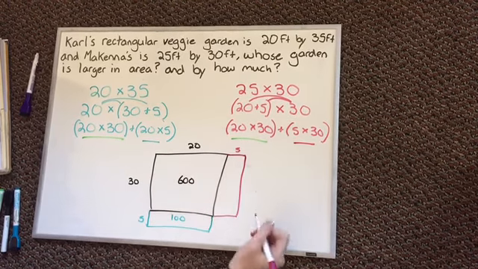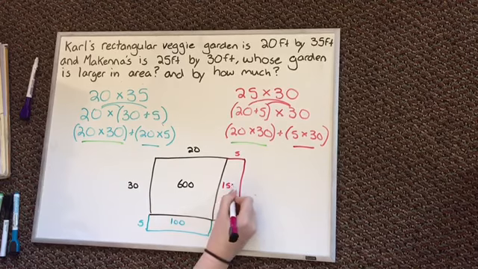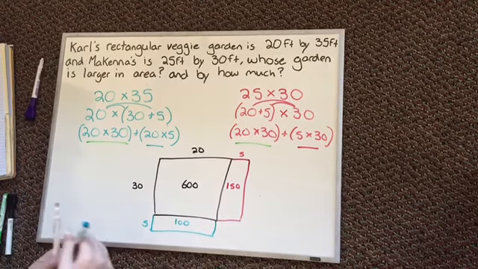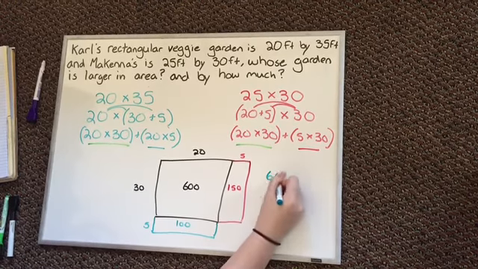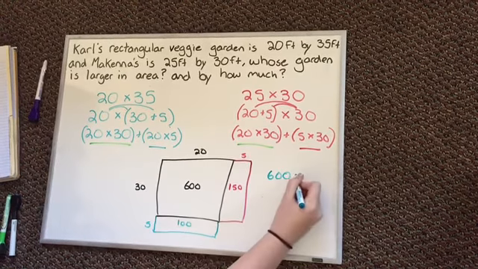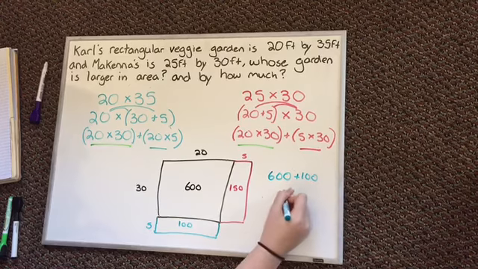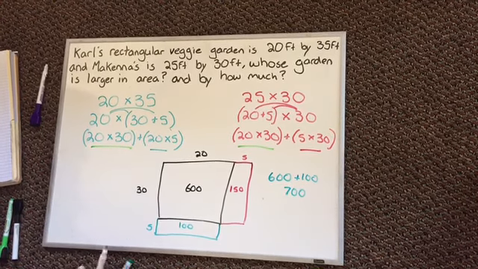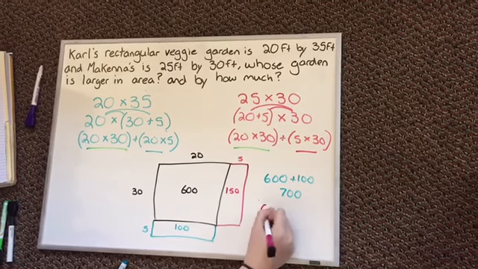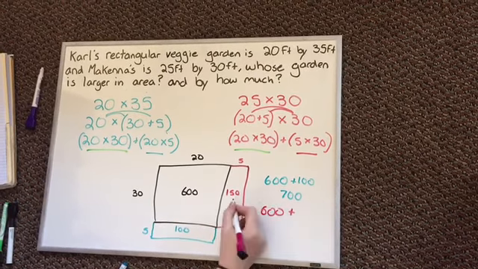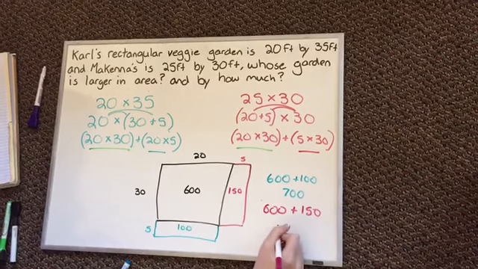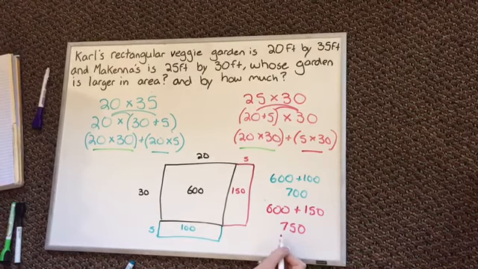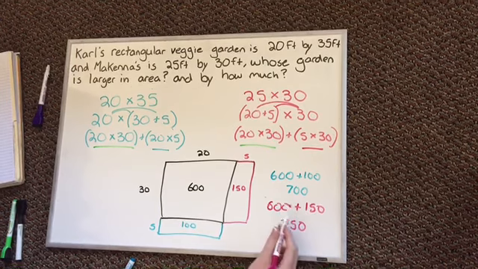We have 30 by 5 to give us 150. So again, we have Carl's 600 right here plus his 100 to give us 700. And we have McKenna's 600 plus her 150 to give us 750. So we still see that McKenna's is 50 square feet larger than Carl's.